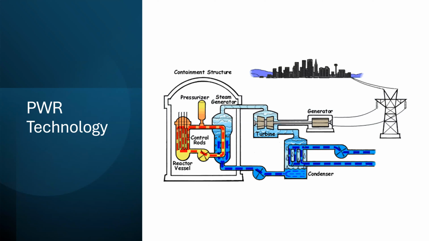A quick example of a pressurized water reactor: you have the containment building and the nuclear reactor. You have what is considered the primary loop, you see in the orange, connected with the pressurizer, and then you have the secondary loop.